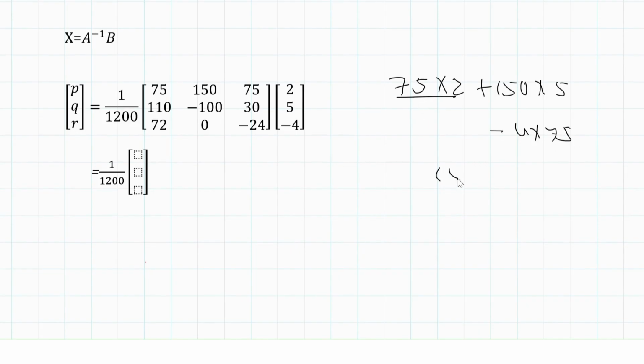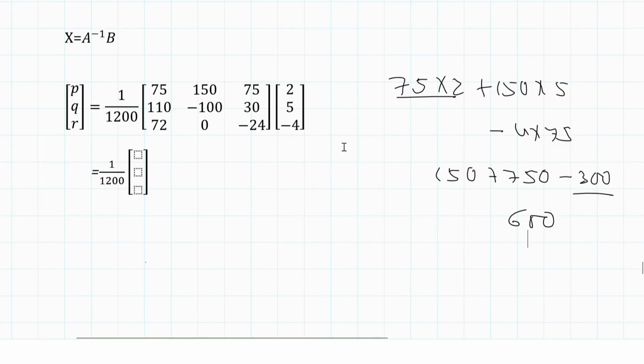So this is 150, this is 750, minus 300. So 900 minus 300, that is 600. So we'll be writing 600 over here.